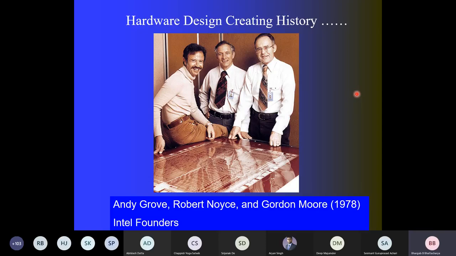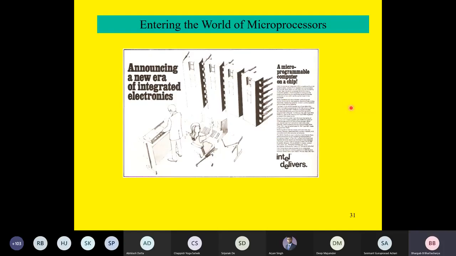So these three guys are the Intel founders: Andy Grove, Robert Noyce, and Gordon Moore, 1978. They are looking into a microchip design here, some Intel microprocessor. In the evolution of computers, Intel plays a fundamental role, because it was Intel who first announced the world's first microprocessor.